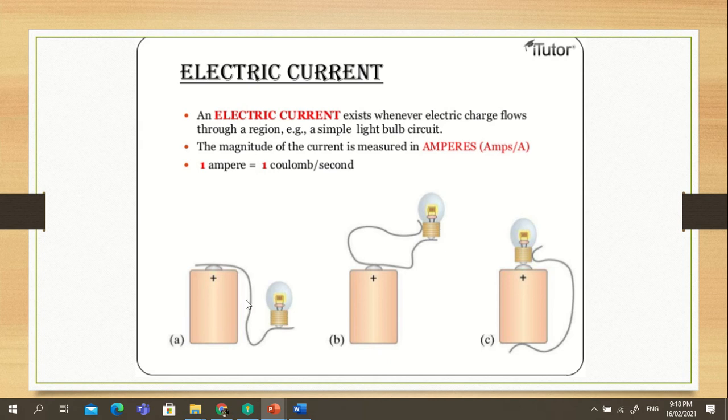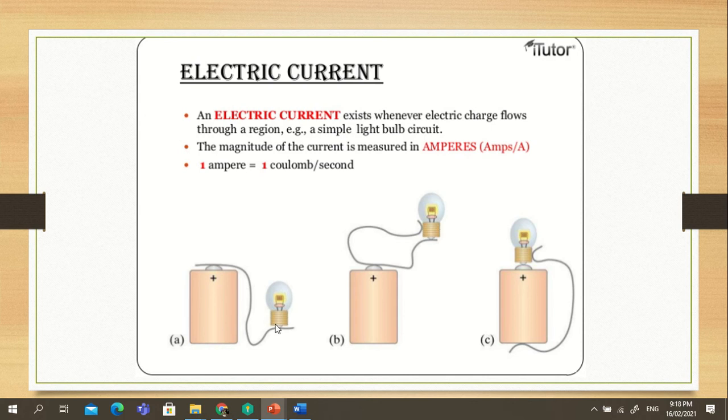For example, we have here an illustration. We have a positive connected to the light bulb.